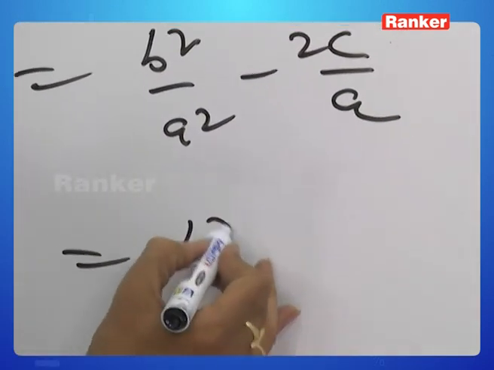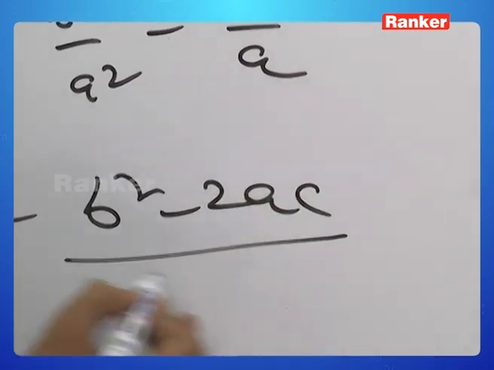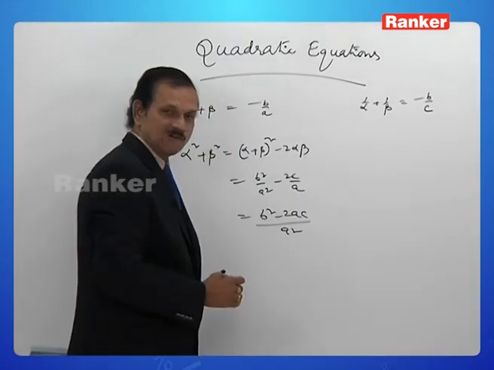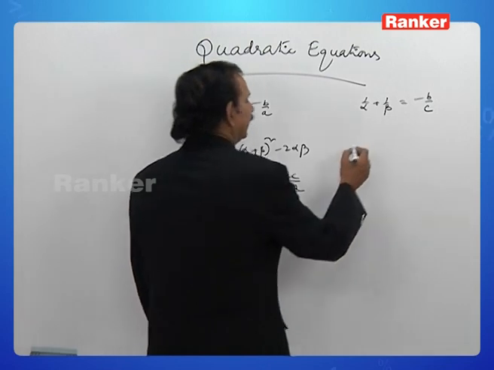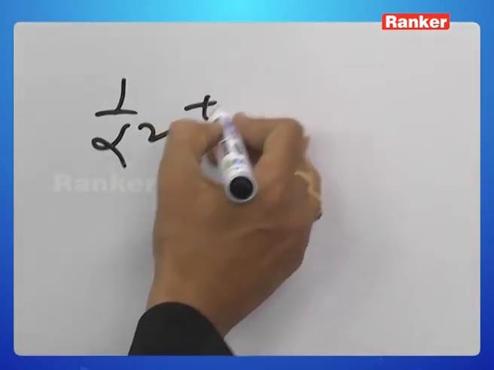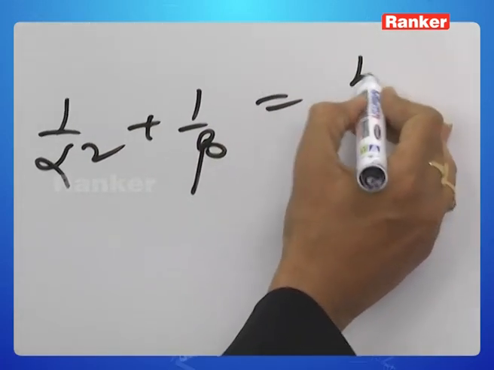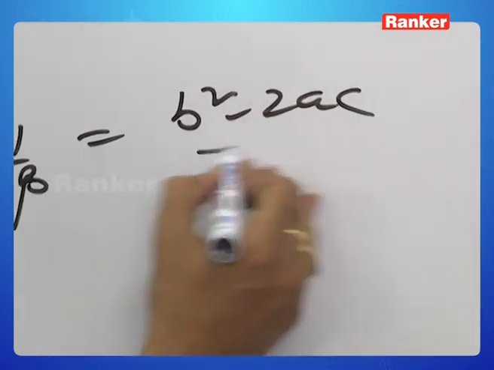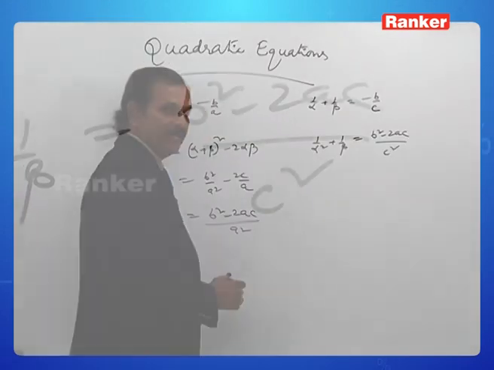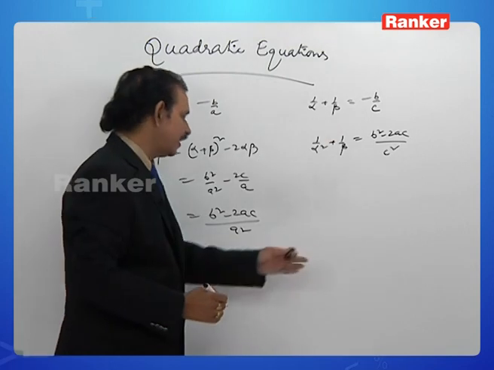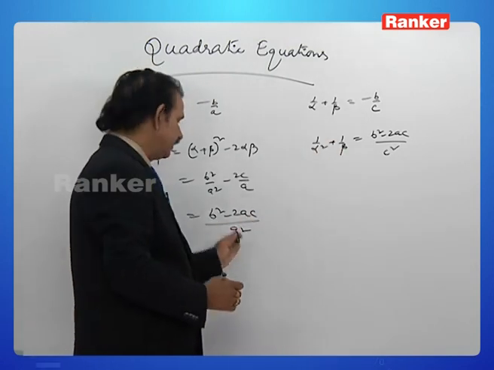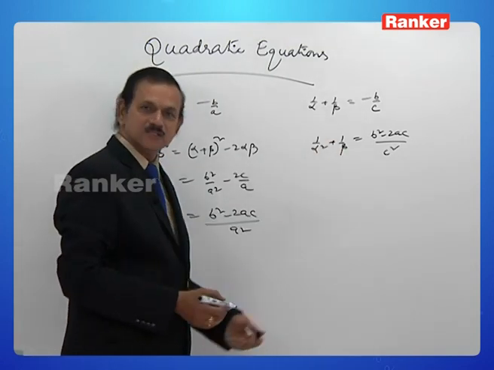It is therefore equal to b square minus 2ac by a square. And you can imagine 1 by alpha square plus 1 by beta square as b square minus 2ac by c square. Here also numerator is same, but in the denominator a is being replaced by c.